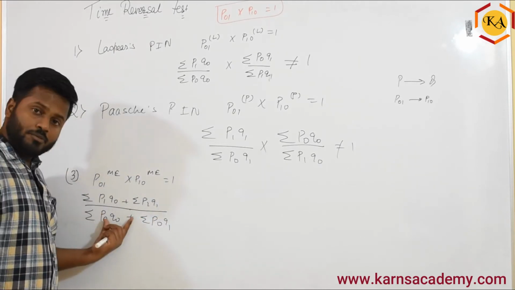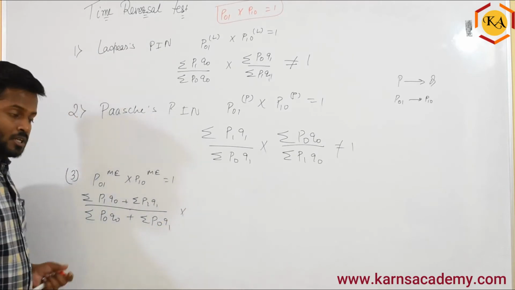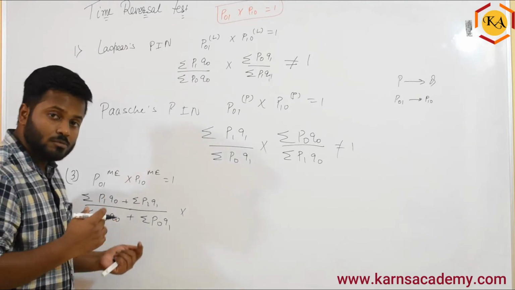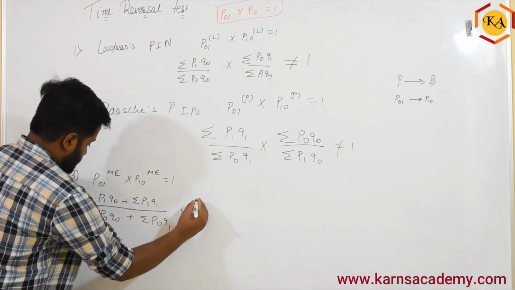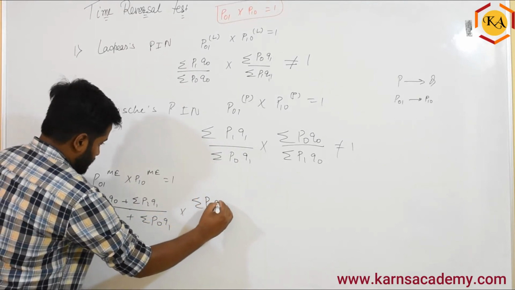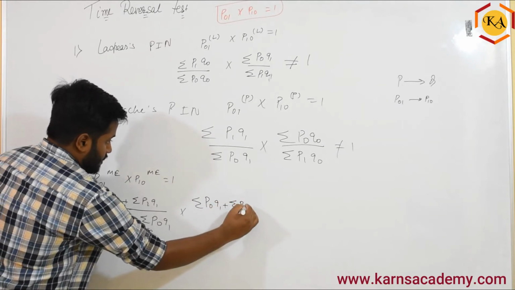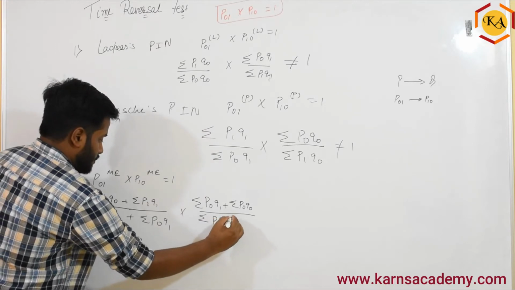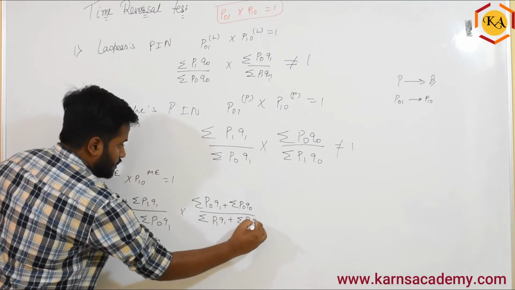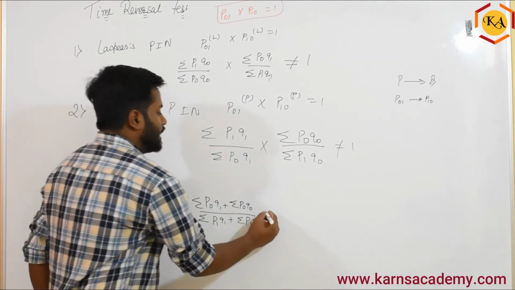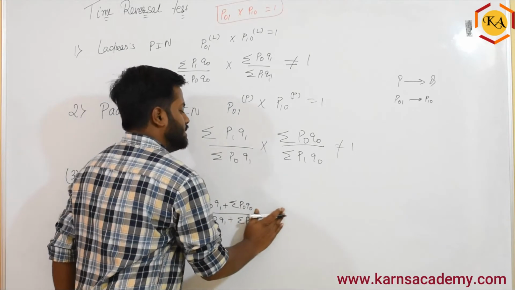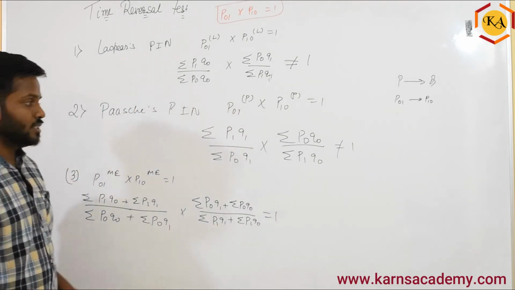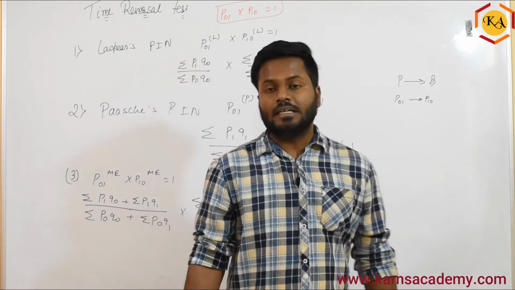This is the 01 formula. Now we are going to make changes in this. So 0 will become 1, 1 will become 0. That will become summation P0Q1 plus summation P0Q0 divided by summation P1Q1 plus summation P1Q0. Now this will satisfy the TRT. This is the first case which is getting satisfied with the TRT.